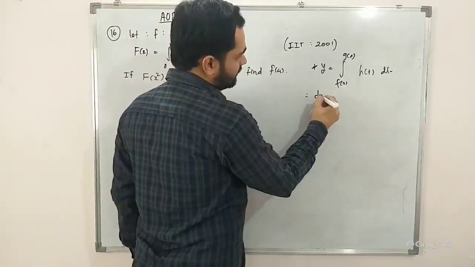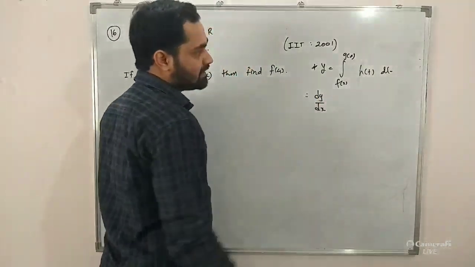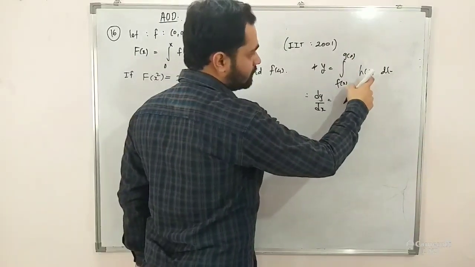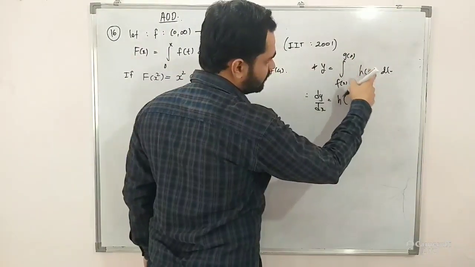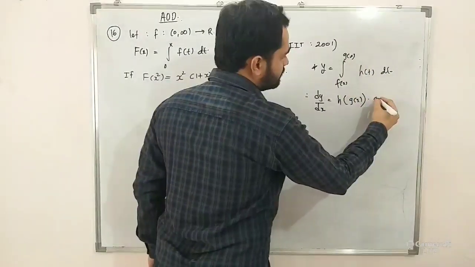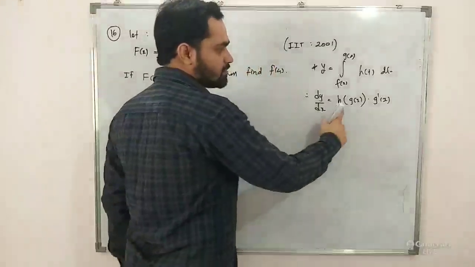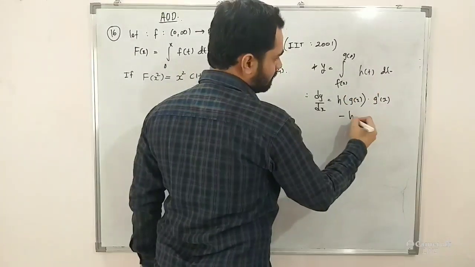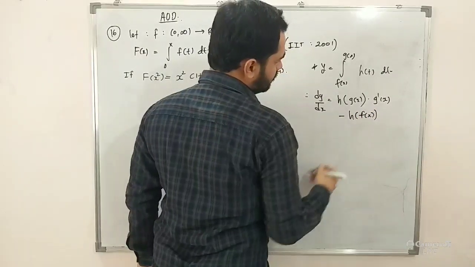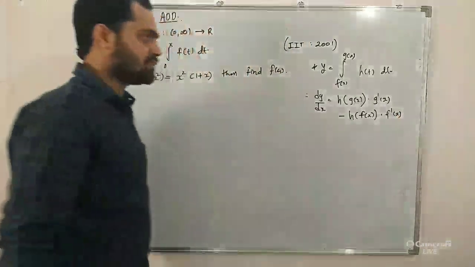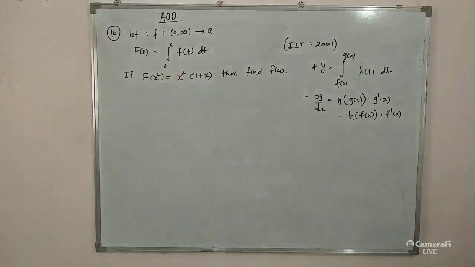For finding the derivative of this function, dy by dx is equal to: first, substitute the upper limit in the function, which gives h of g of x, and multiply by the derivative of the upper limit, h of g of x into g dash of x, minus the lower limit applied in the function, h of f of x into f dash of x. So this is basically the Newton Leibniz rule, right?